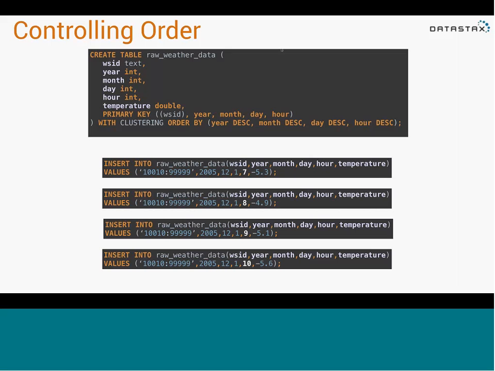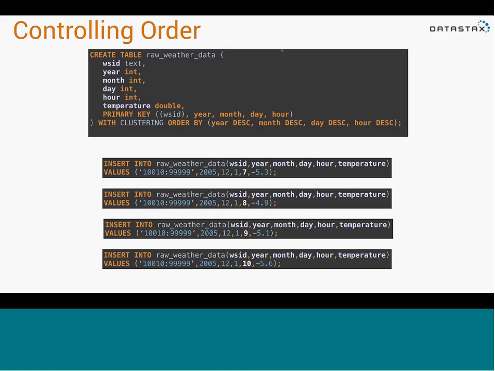This is being very correct with my syntax. If I wanted to add more columns into those parentheses, I could group together columns into one partition key. Let's say I wanted my weather station ID and my year as one partition. This is a design decision, something we'll talk about in the next episode, but this is what that means.